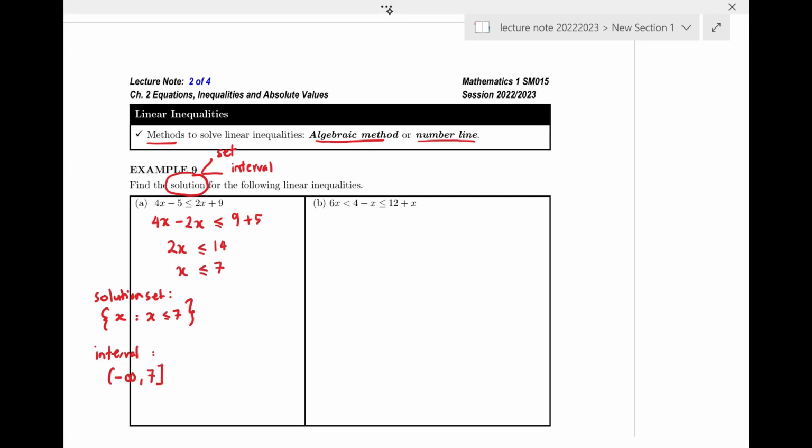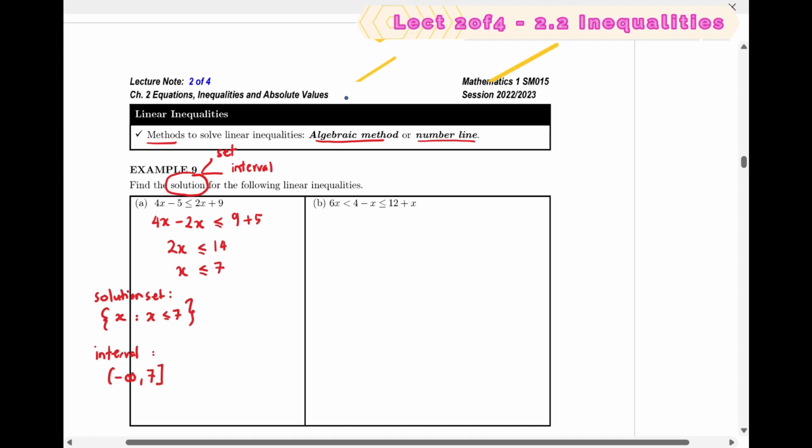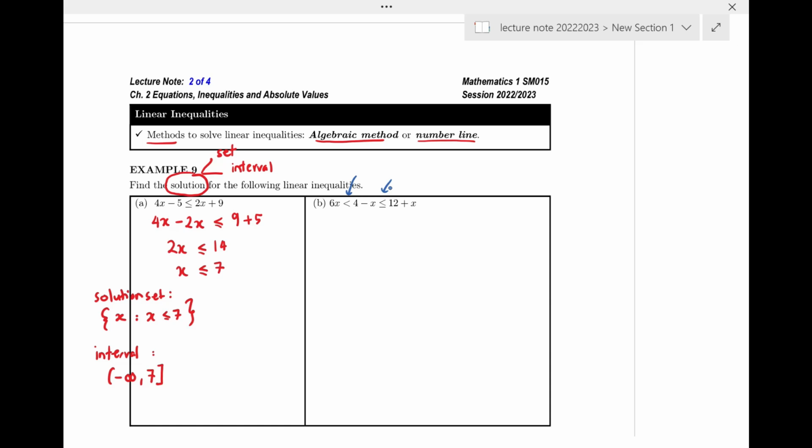I'll change my color to blue first. For the second one, we can see here we have two inequality symbols. So here we have to use a number line, and to use a number line, we have to combine it with 'and'. 'And' is actually an intersection. You also learned this in topic 1.